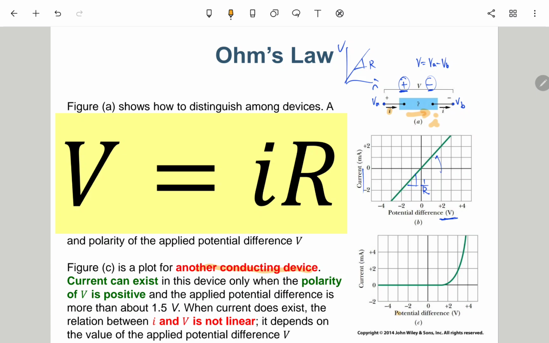This is the potential difference and this is the current. But this is not a straight line. It will be like 0 all the way up to here, and then go up very fast. It is actually an exponential increase. Do you know what this device is?